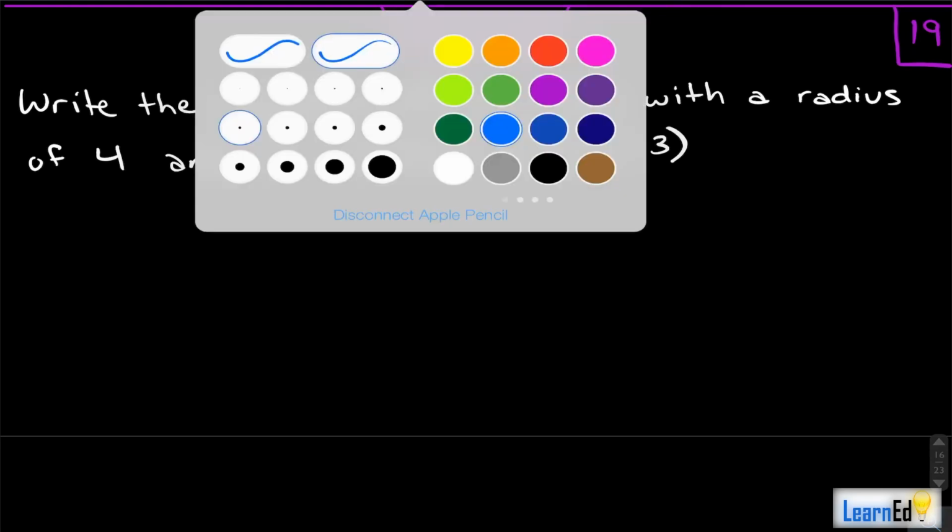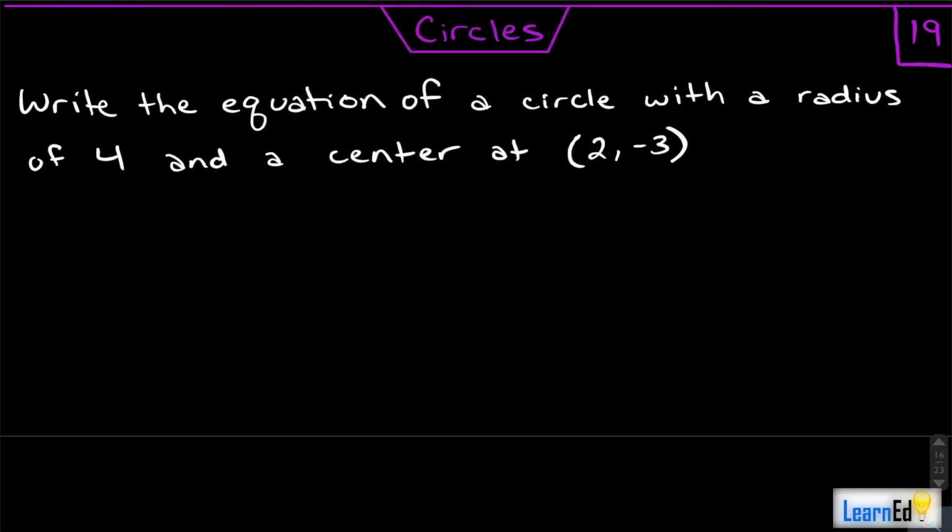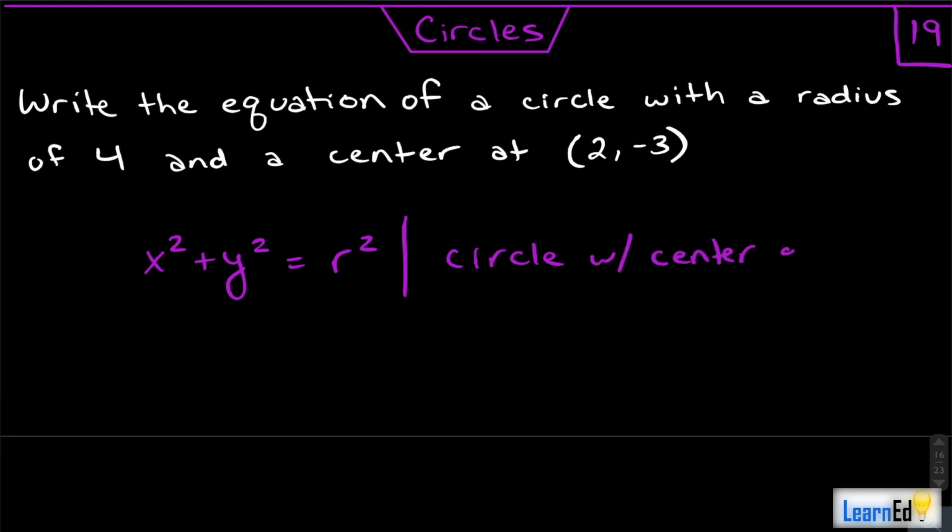So the equation for a circle is x squared plus y squared equals r squared, right? And that's kind of the really general form. So that's a circle with center at the origin, so center at 0, 0.